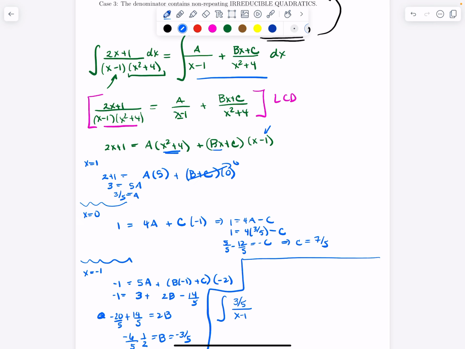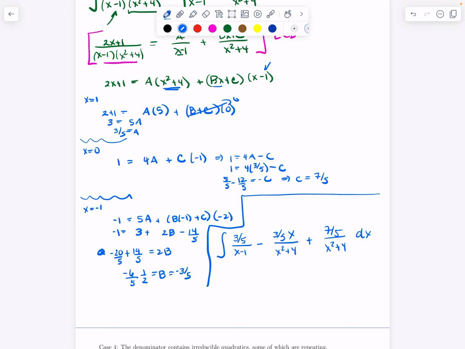I'm going to split the bx plus c apart. So what is b? b is -3/5. So I'm going to say minus 3/5 x over x squared plus 4. And then lastly, the c, which is 7/5. So plus 7/5 over x squared plus 4 all dx.